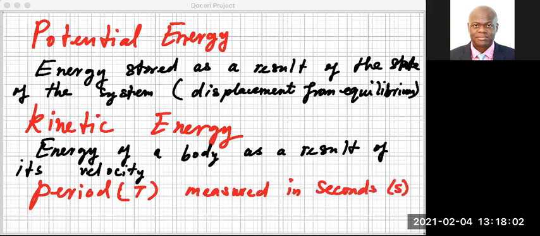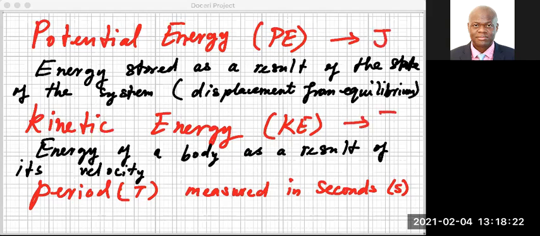So the unit is s, the symbol is T. So kinetic energy, the symbol is KE. Potential energy, the symbol is PE. So when you see these terms, be aware that it's referring to potential energy. This is measured in joules, and this is also measured in joules.